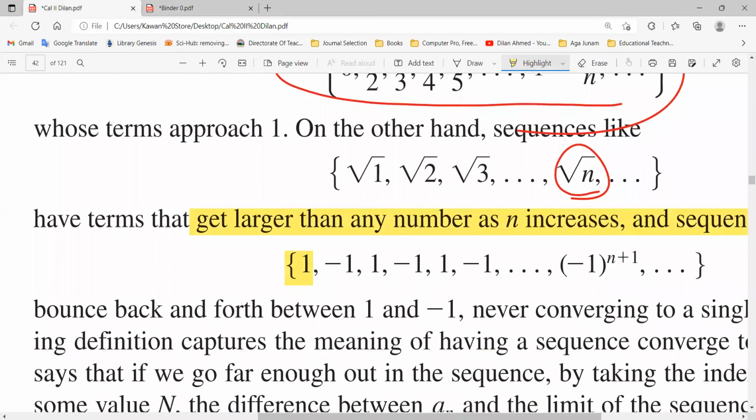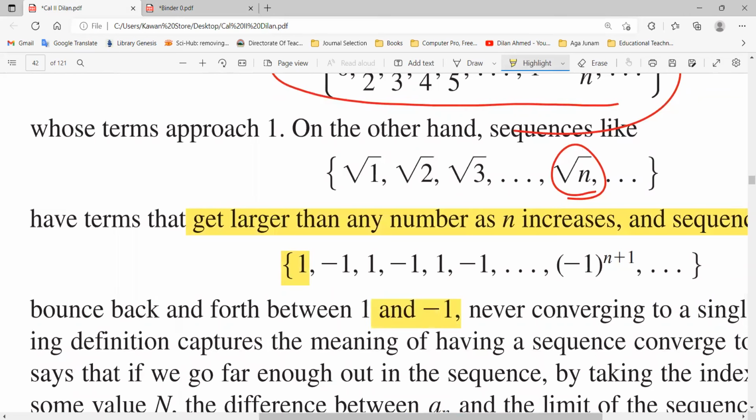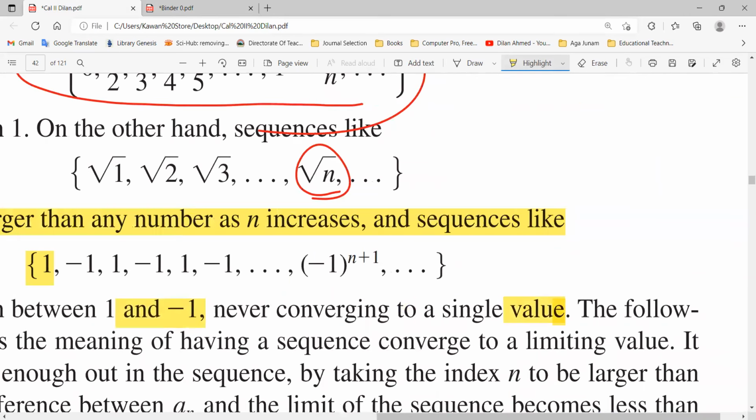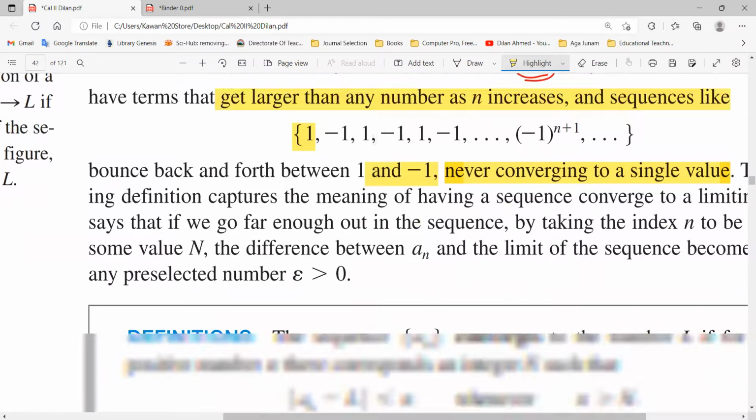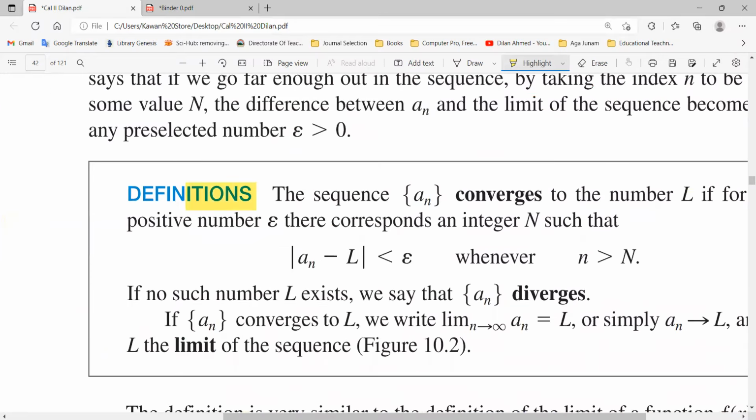Because it bounces back and forth between 1 and minus 1, it never converges to a single value. Single value means a unique value, right? So it is oscillating and the limit does not exist. Now, we have a definition of convergence.